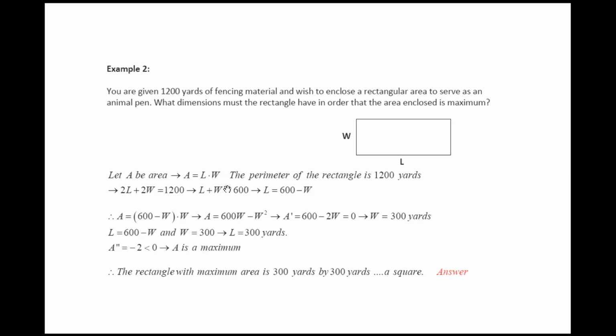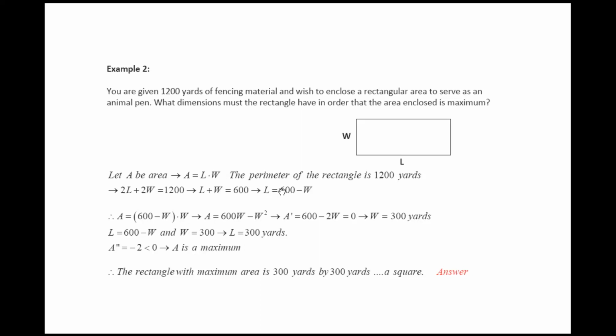And we have L plus W is 600. Now, two letters here. We'd like to get it in terms of one letter, so we need to either solve for L or solve for W. We've chosen to solve for L, but you may have just as well solved for W.